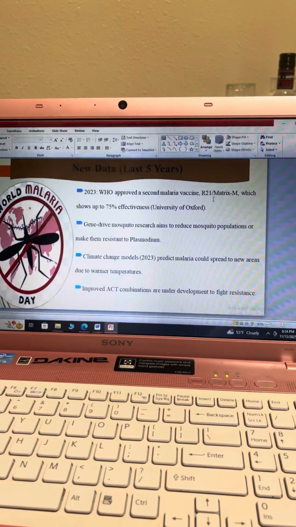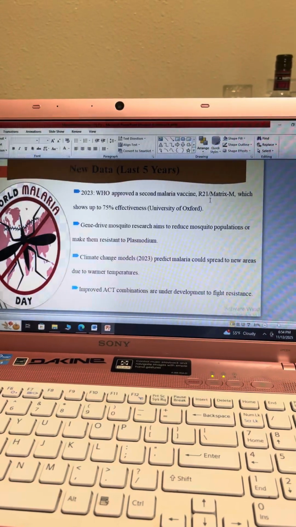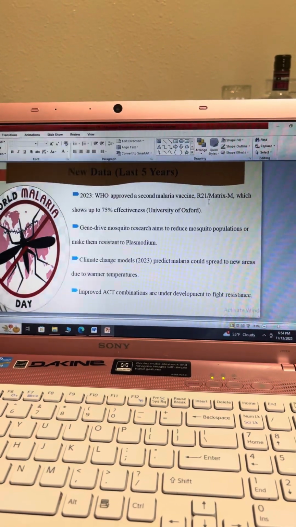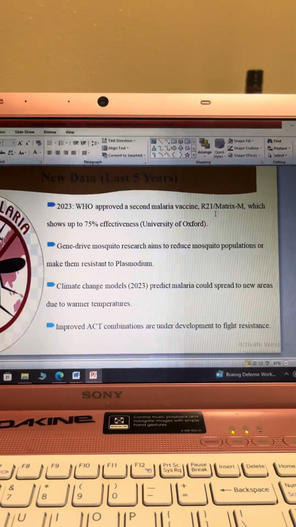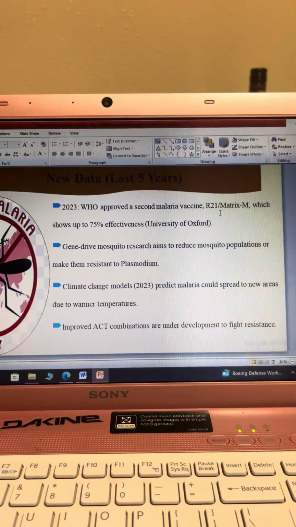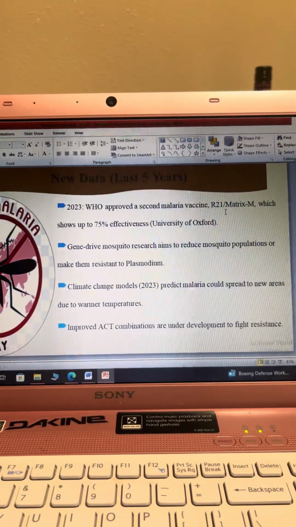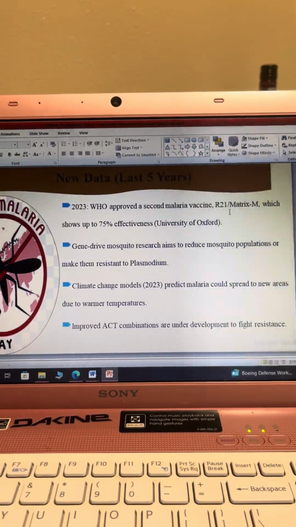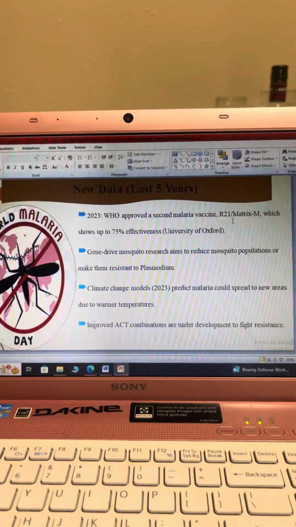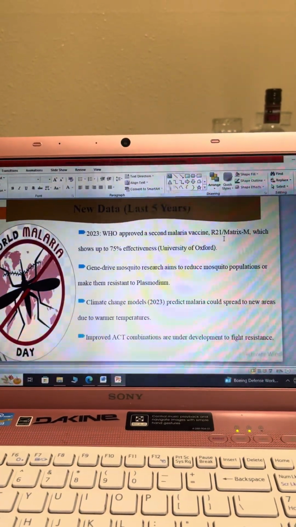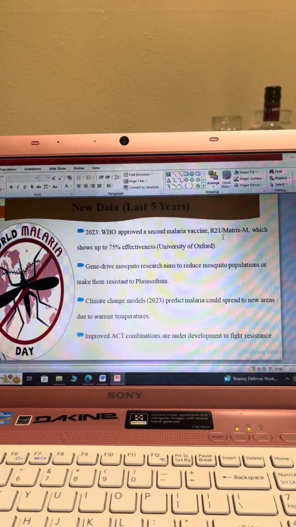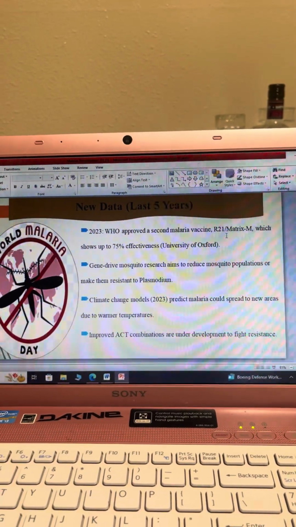Gene-drive mosquito research aims to reduce the mosquito population or make them resistant to Plasmodium. Climate models in 2023 predict malaria could spread to new areas due to warmer temperatures. Improved ACT combinations are under development to fight resistance.